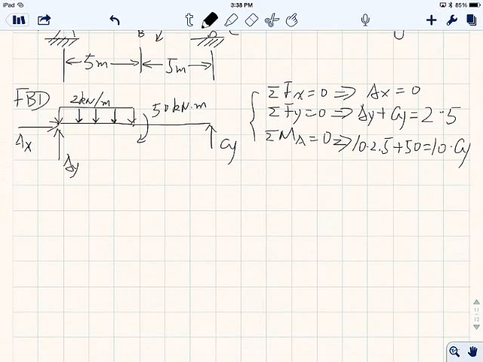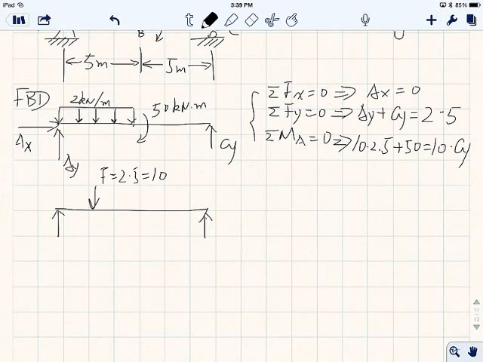Okay, so just on our side, when you have a distributed load, it's equivalent to a force in the center, if the magnitude is the same everywhere, right? Now the magnitude of the force equals 2 times 5, the distributed load magnitude times the total length.